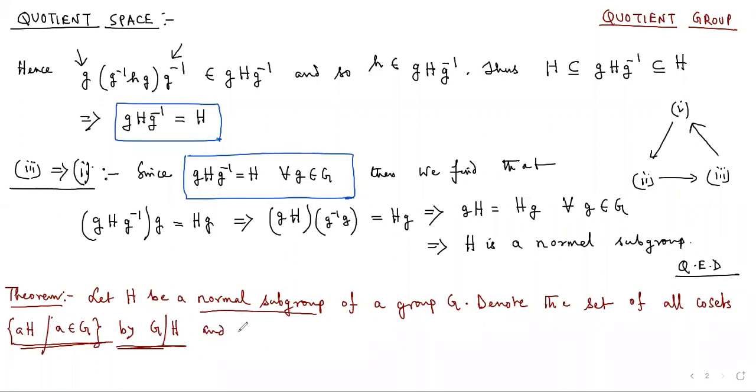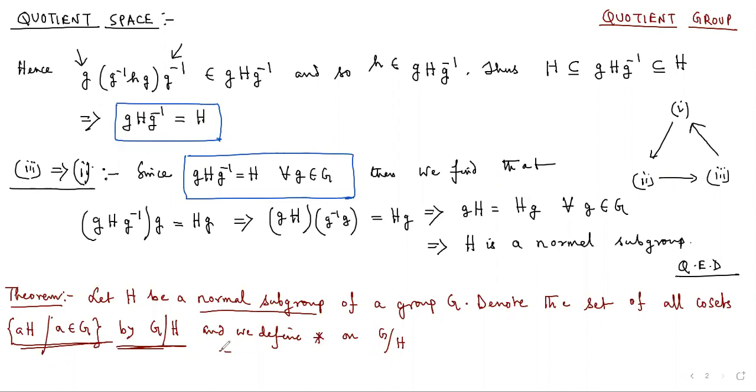And we define an operation star on G by H. Right now we have defined a set whose elements are left cosets. But if you want to show that this set is a structure, a space, or a group, then you have to define some kind of algebraic operation on it.